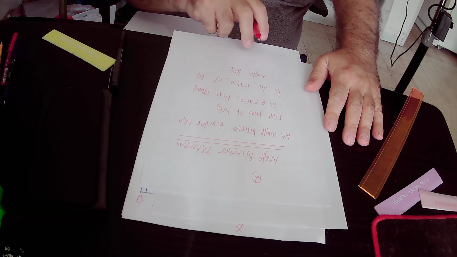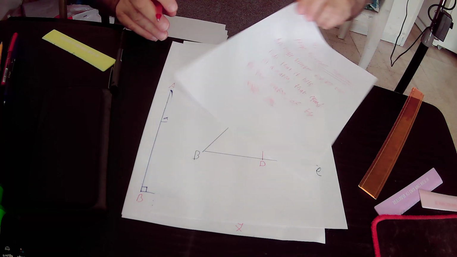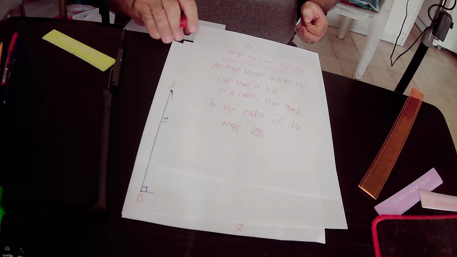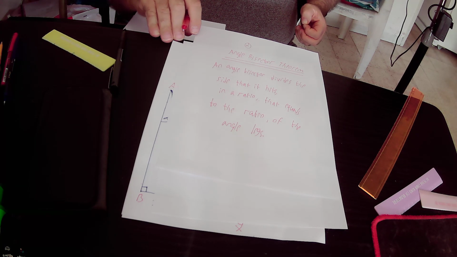So I'll read angle bisector theorem again. Angle bisector theorem states that an angle bisector divides the side that it hits in a ratio that equals to the ratio of the angle legs.